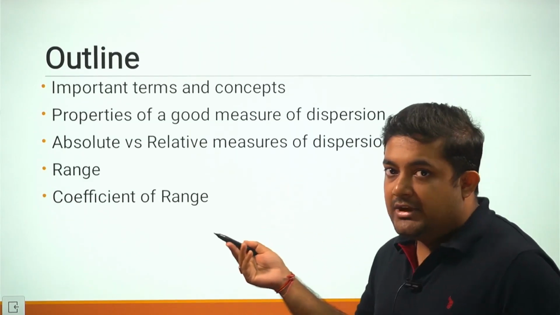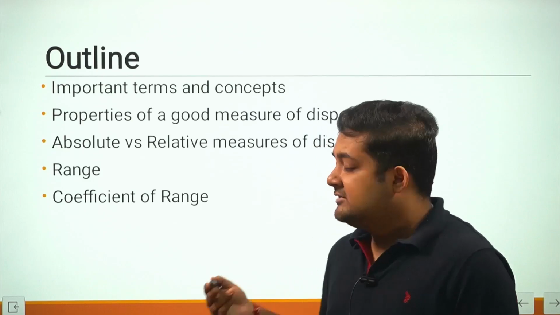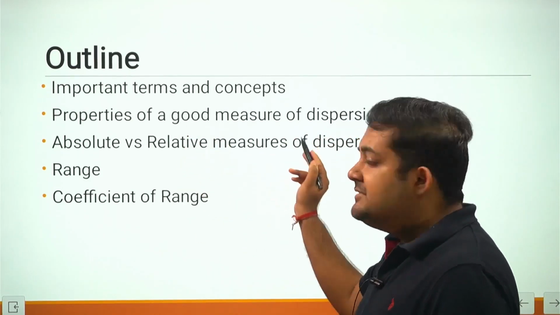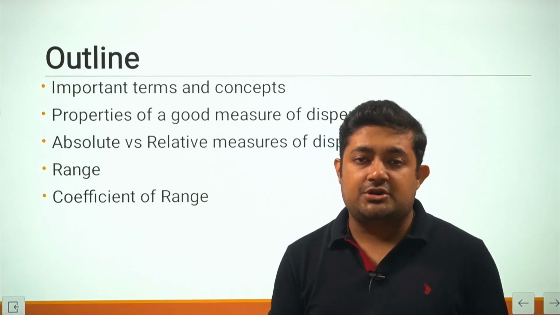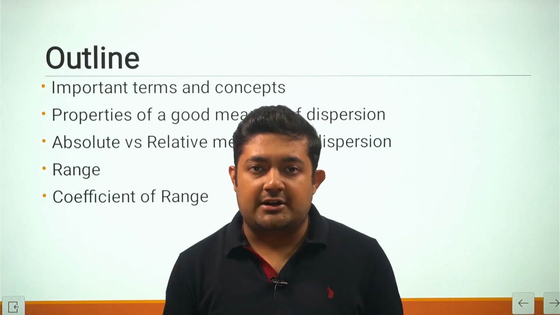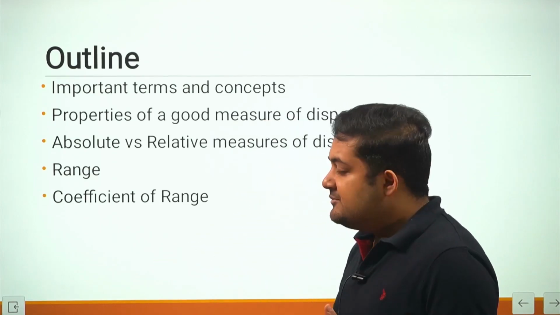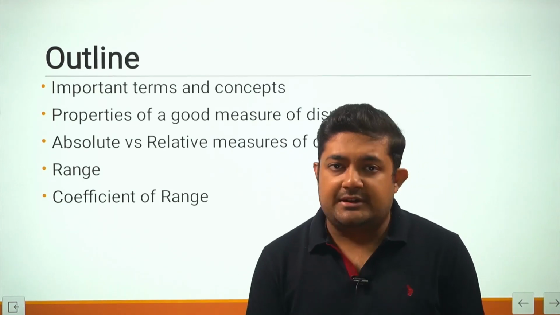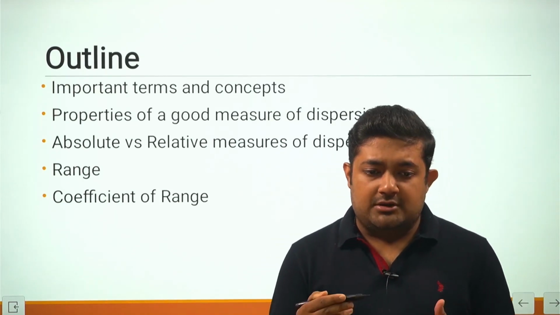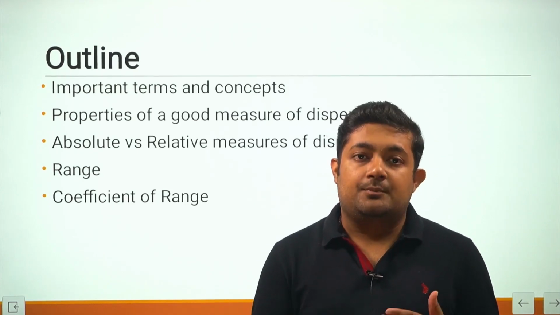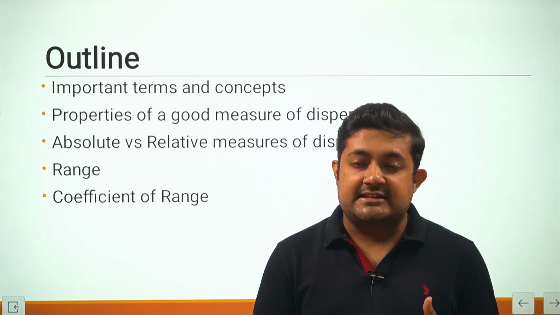First, the outline. In this lecture we will cover important terms and concepts of measures of dispersion, which you should know for your exams also. Then the properties of good measures of dispersion, which we need to follow in order to make the measures of dispersion statistically effective.